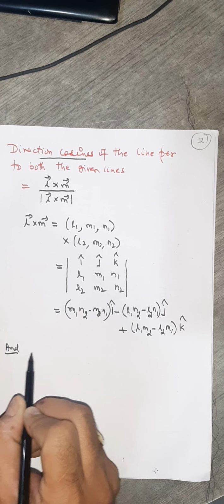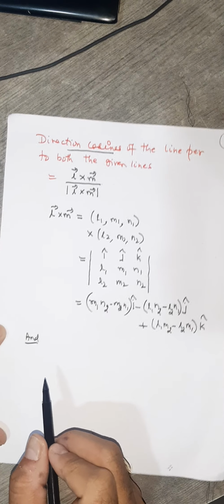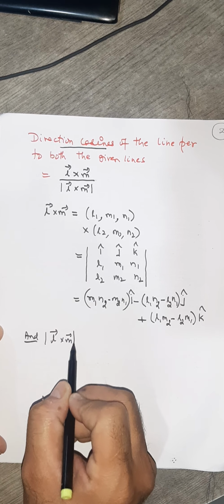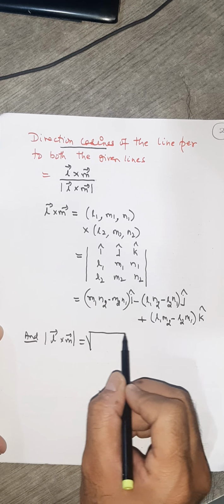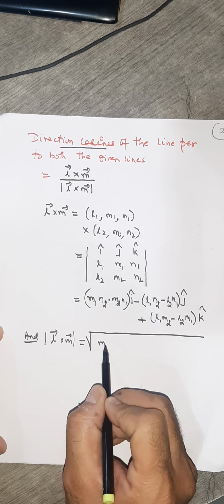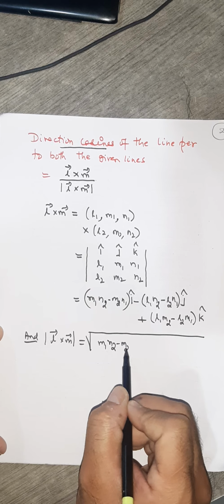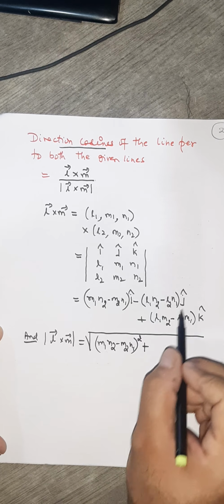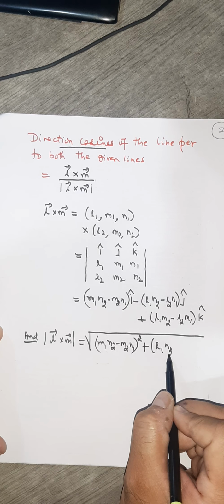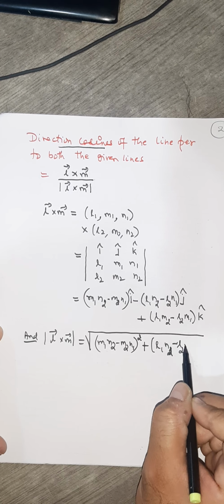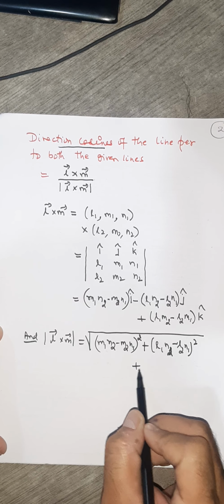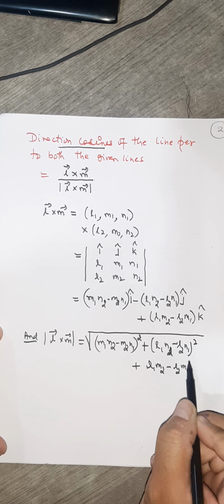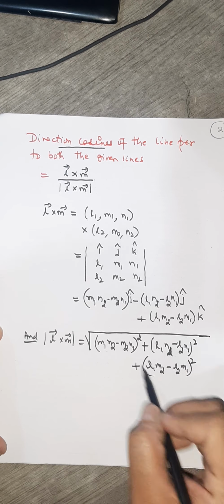Here the length of the cross product of these two is the root of (M1 N2 minus M2 N1) whole squared, plus (L1 N2 minus L2 N1) whole squared, plus (L1 M2 minus L2 M1) whole squared, inside the square root. You know this.